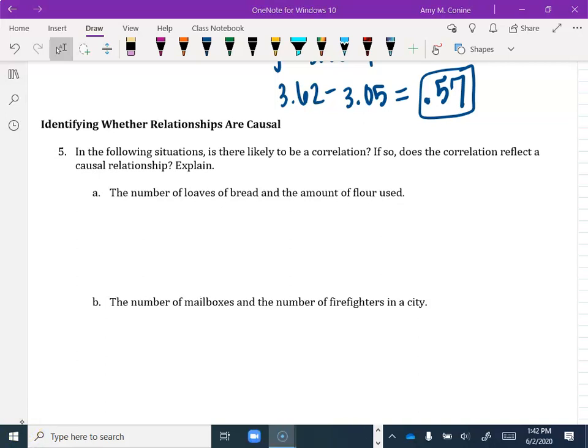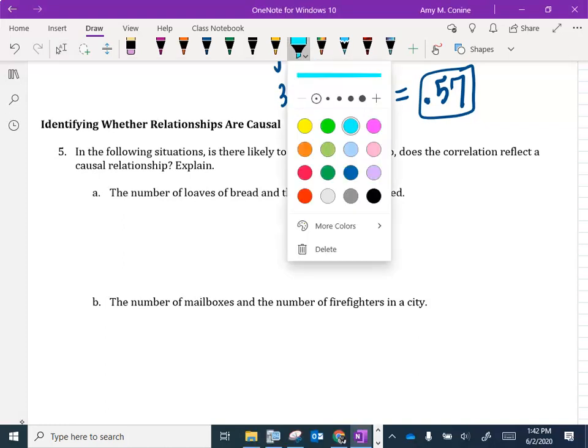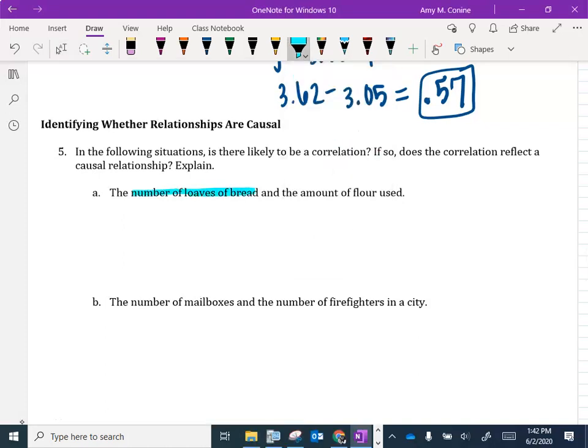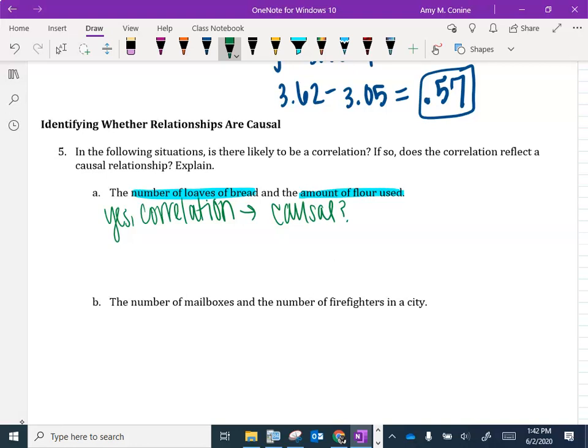Does the number of loaves of bread depend on the amount of flour used? Okay, is there a relationship there? And you would say yes, there's a correlation. So now you're going to say, is that correlation causal?